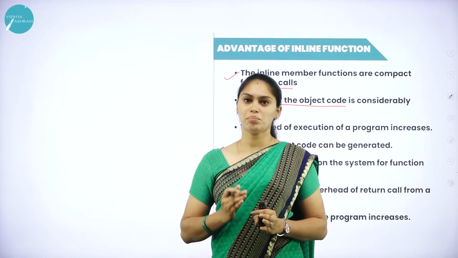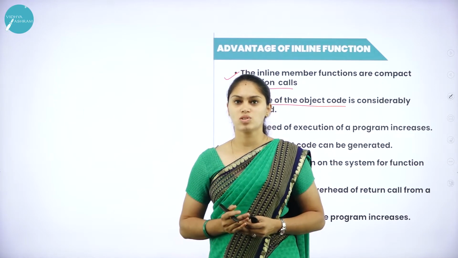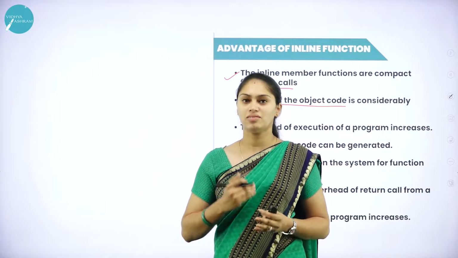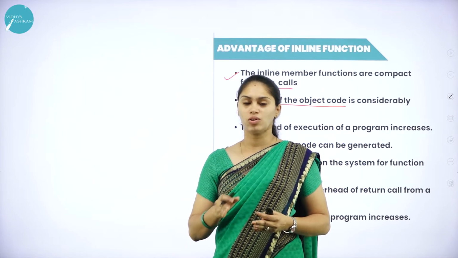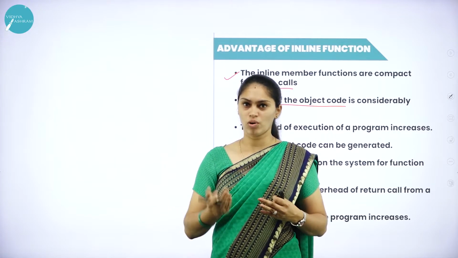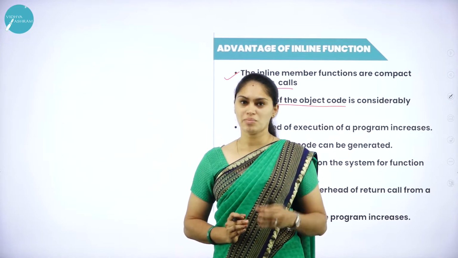Already you know that a computer understands only zeros and ones. If I send that source code directly to the computer system, will it understand? No. At that time, the compiler converts that code into machine understandable form. That is nothing but object code.